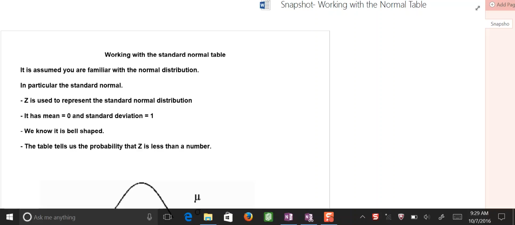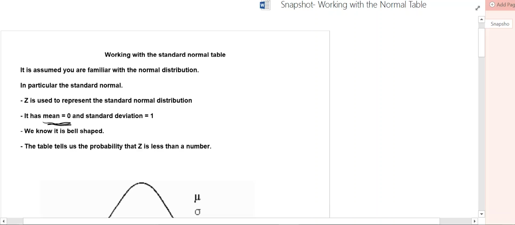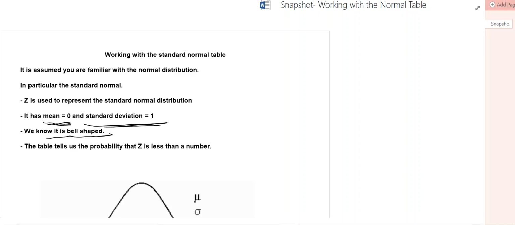In particular, what we refer to as the standard normal, where this is a normal distribution that has a mean equal to 0 and its standard deviation is equal to 1. Normal distributions have a bell shape to the graph that can help out. The table will tell us the probabilities that z is less than a number.